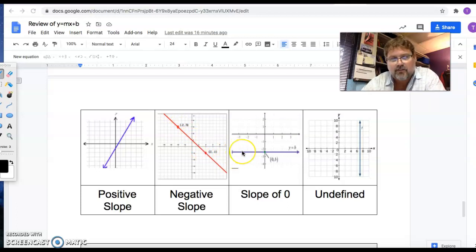Horizontal lines have no rise over run, so it's 0 over some run, so it has a slope of 0. And we don't talk about vertical lines having slope because that means it has no run, which is divided by 0, right? It has no run and all rise.